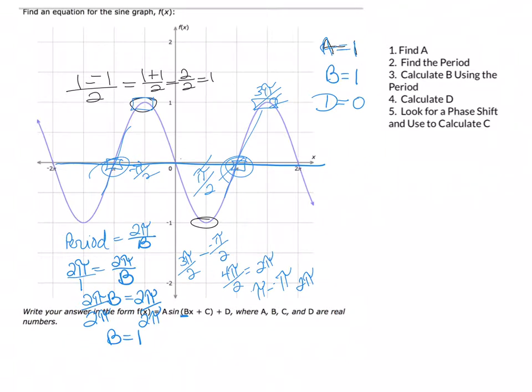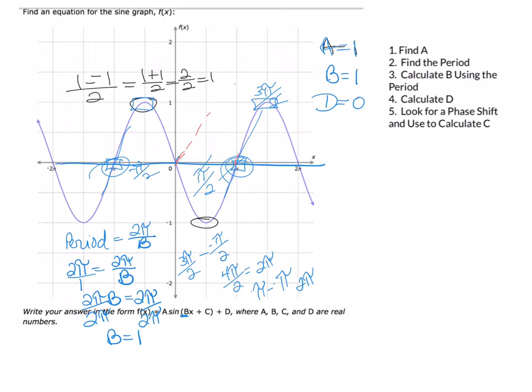for calculating C, first thing I need to do is look to see if there's any type of phase shift. In other words, does my general sine curve shift at all from its general starting point of (0, 0), which usually starts right here and goes up? Well, it does. It shifts and starts actually right here.